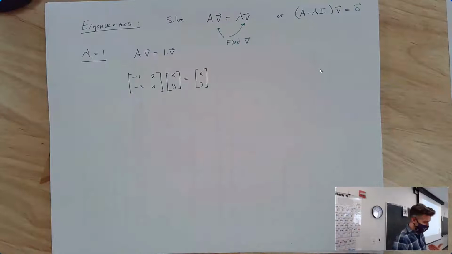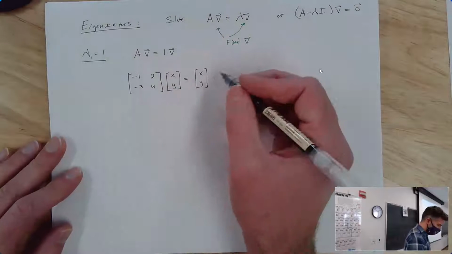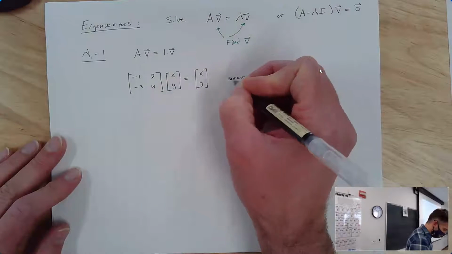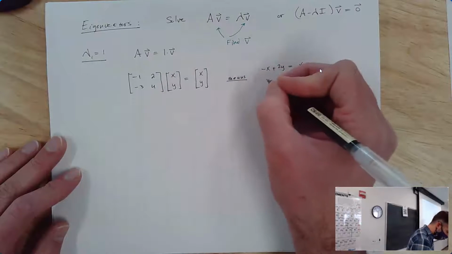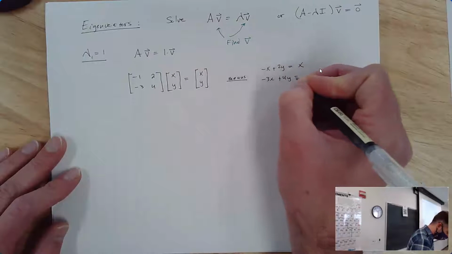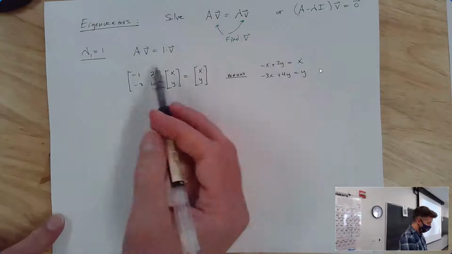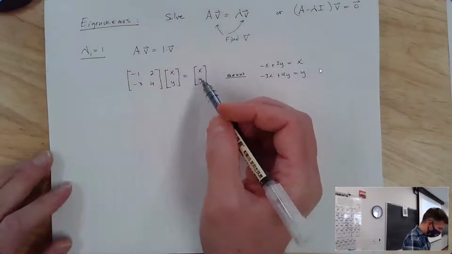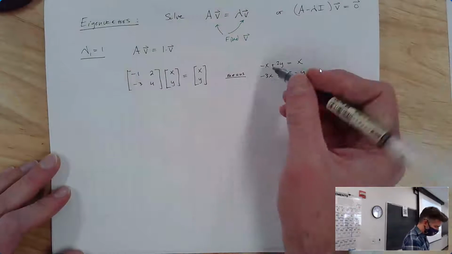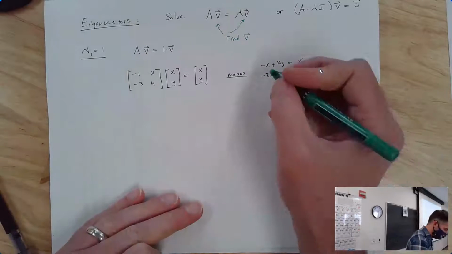The nice thing about doing it this way is you really only have to use one of the equations. So what does this really mean? This really means -x plus 2y equals x and -3x plus 4y equals y. Right, that's what this multiplication actually means. I only need one of those to figure out what x and y are. So I'm going to use the first row because I always use the first row unless it doesn't work.